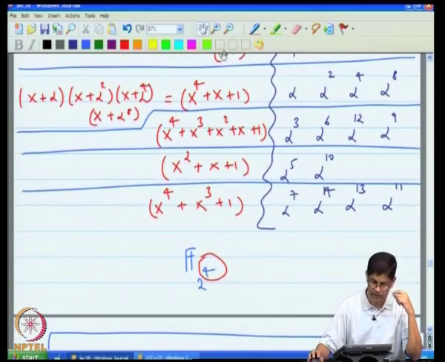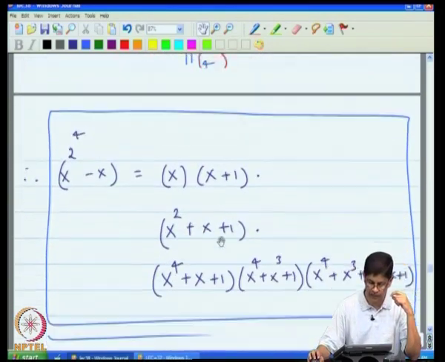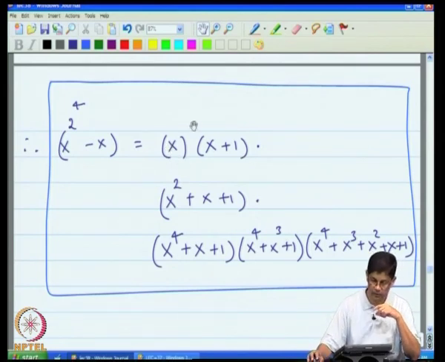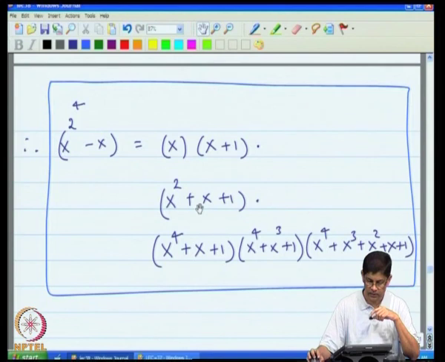I guess the other thing that we also know as a deduction is that, look, if you take x to the q minus x, we know that its zeros are all the elements in the finite field. On the other hand, the elements in a finite field are zeros of minimal polynomials.